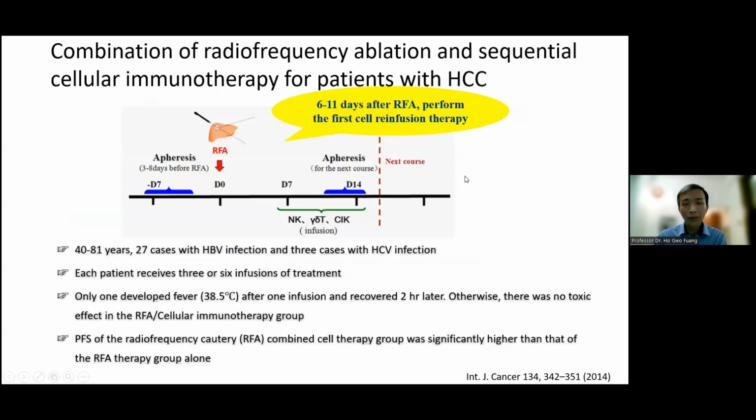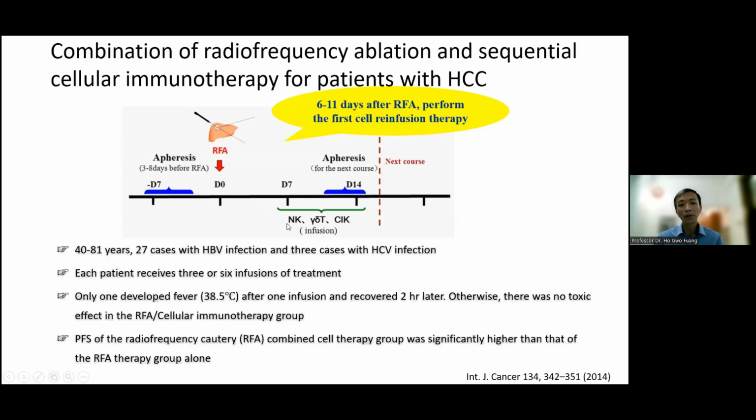Next is the combination with RFA. Before you do the maturation, you have to take blood from the patient. So you do apheresis, then you get the cells and process them, and you do RFA one week before. Then after RFA you can infuse the cells back when they are mature, and then repeat the same process.